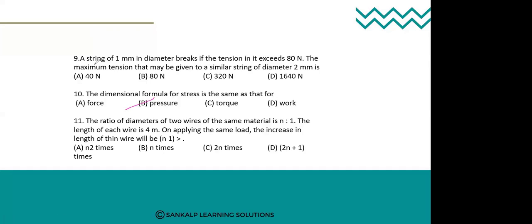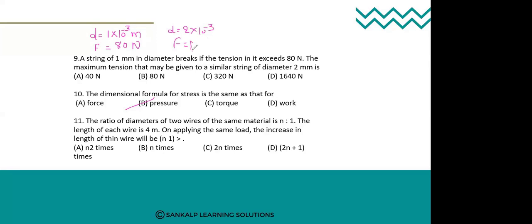Going for the question number 9, a string of 1 millimeter diameter breaks if the tension in it exceeds 80 Newton. So the tension in it exceeds 80 Newton, it breaks. The maximum tension that can be given to a similar string of diameter 2 millimeter is.